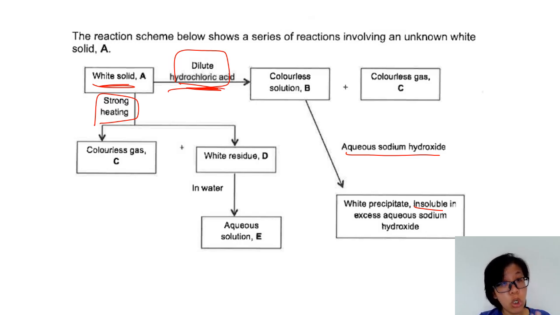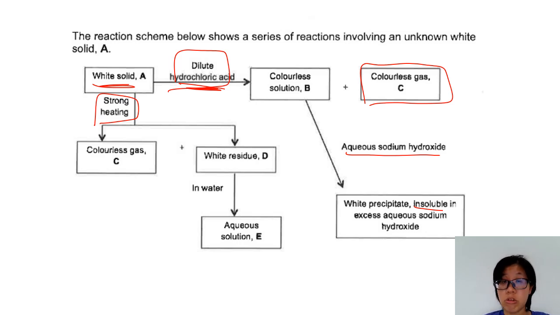It would not be lead. And then there's a colorless gas produced. So it's a solid, add acid, you get a solution with a gas. So what gas can this be? We learned that if we add acid, probably it will be carbon dioxide. The probability is carbon dioxide.